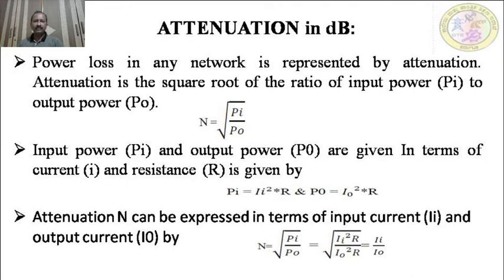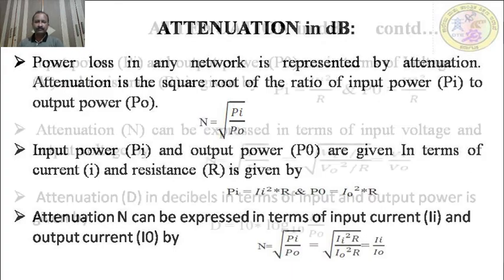Substitute the Pi value and then the P naught value. I square R divided by I naught square R, R cancels, and then square and square root cancel. You are going to get n is equal to I by I naught. This is the relationship between power and current with n.